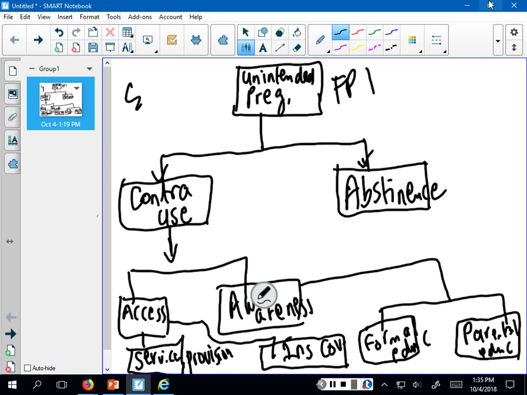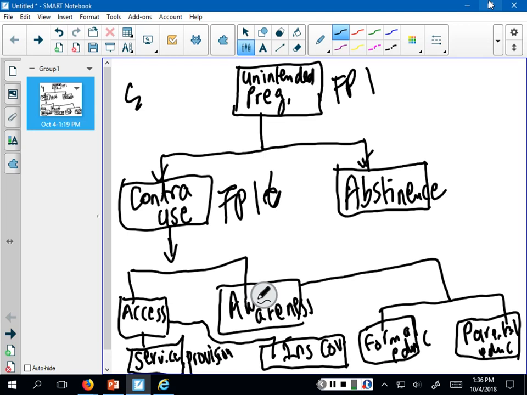FP3. Effective contraception use, that's FP16. FP16: increase the percentage of women 15 to 44 years that adopt or continue use of the most effective or moderately effective methods of contraception. And you have the baseline and the target.